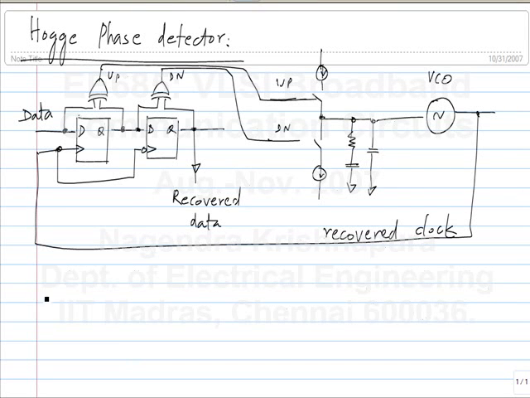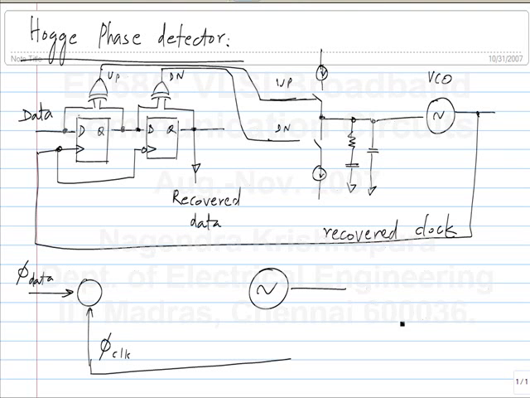So behavior looks like, if this is the phase of the data, this is the phase of the clock, we can also draw this model in the phase domain to see how it behaves, right? So the VCO model remains the same as before.